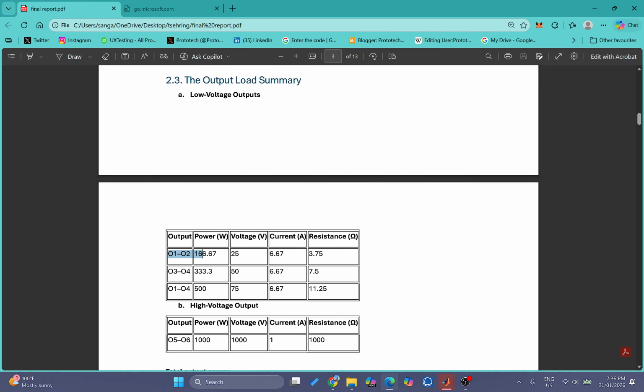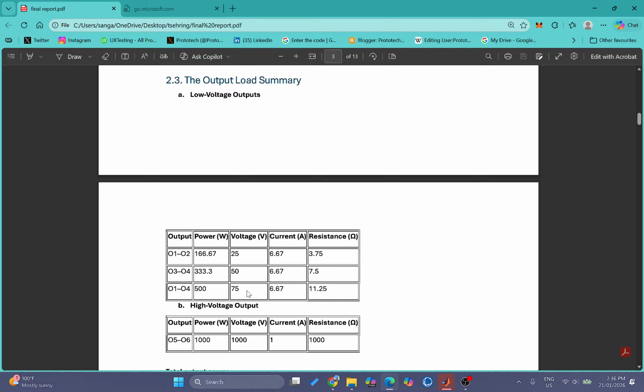Now at output 1 and output 2, the converter should produce 25 volt DC. Then output 3 and output 4 should provide 50 volt DC. And when these two converters are connected in series, they should provide 75 volt.